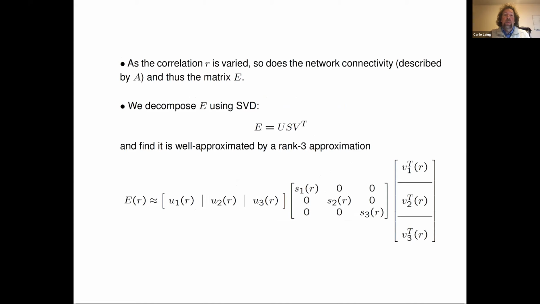As the correlation is varied, the network connectivity is described by A, and that gives our matrix E. So we basically get a parameterized family of matrices E. Computationally, we're going to decompose E using singular value decomposition in this form here. And you find it's well approximated by a rank 3 approximation. So this large matrix E can be written as 3 column vectors, a 3 by 3 diagonal matrix, and 3 row vectors.